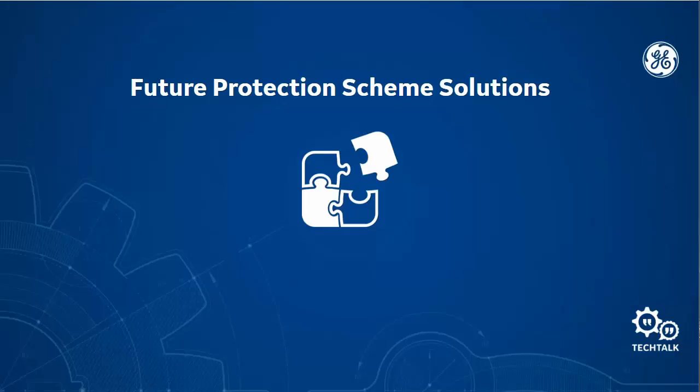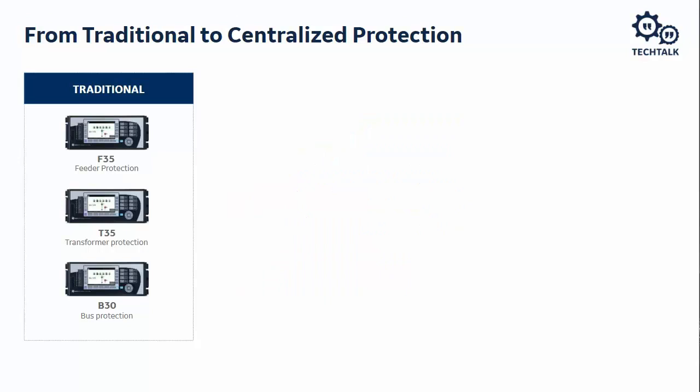Let's talk about future protection scheme solutions and current protection scheme solutions, okay? So if we think about a traditional system, the systems that we've always used, to do the sort of protection that I showed on the last slide, where we're doing multiple feeders, we're doing bus protection, and we're doing transformer differential, it's going to take multiple relays.